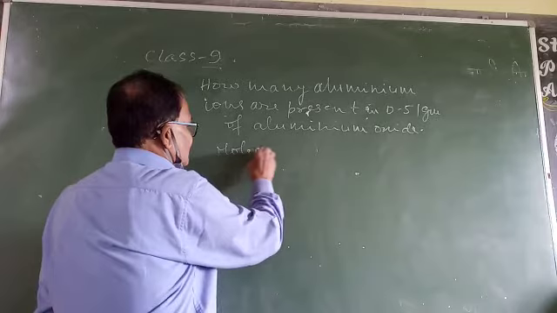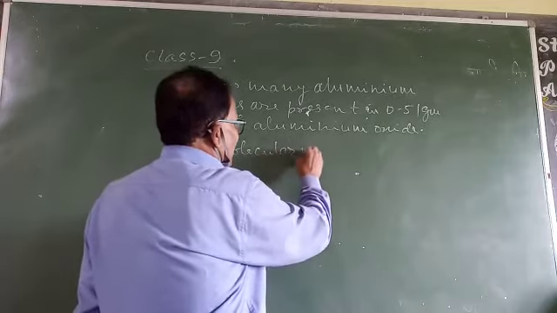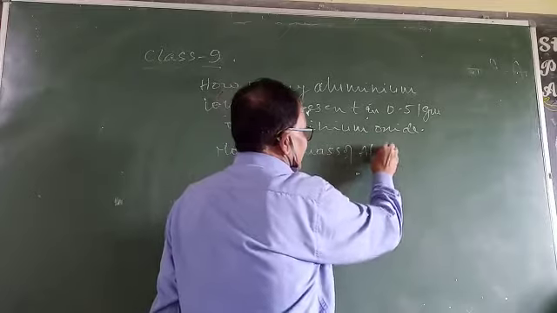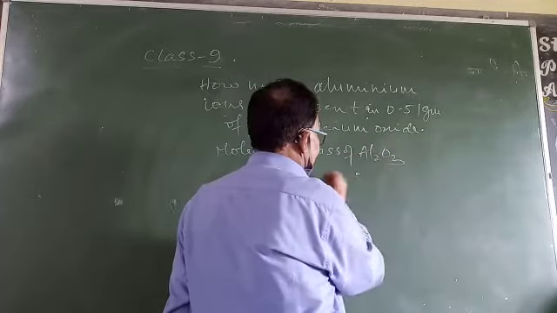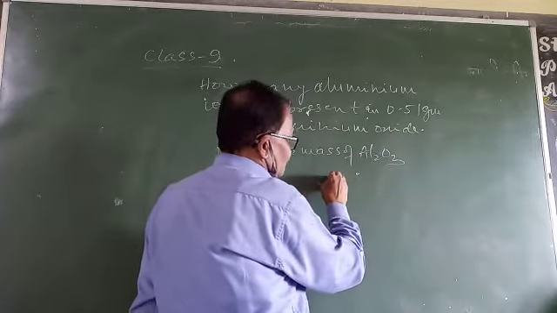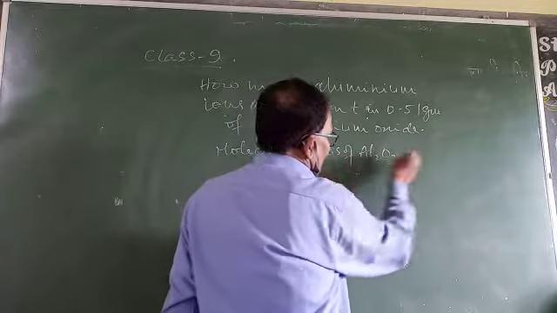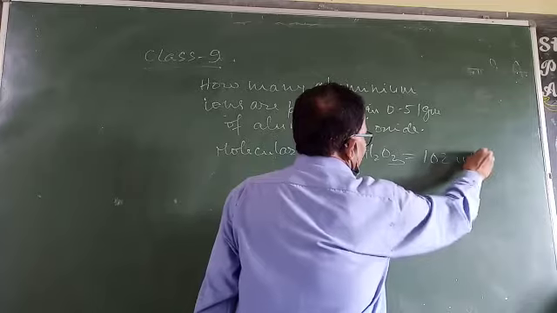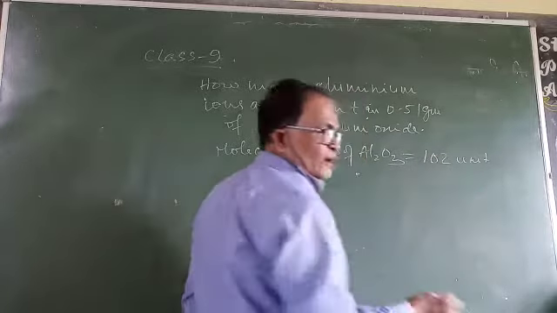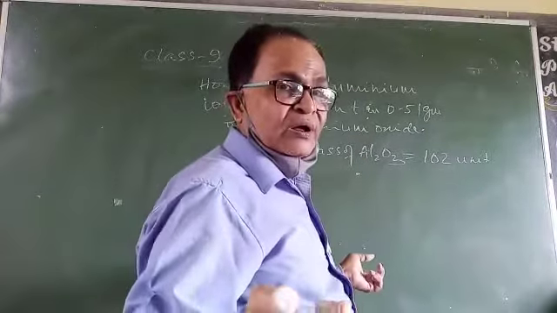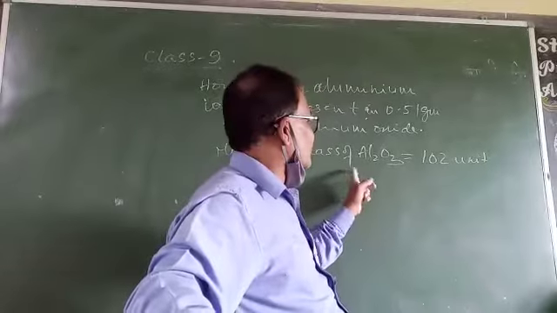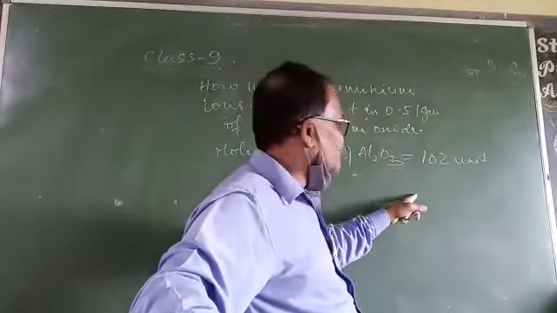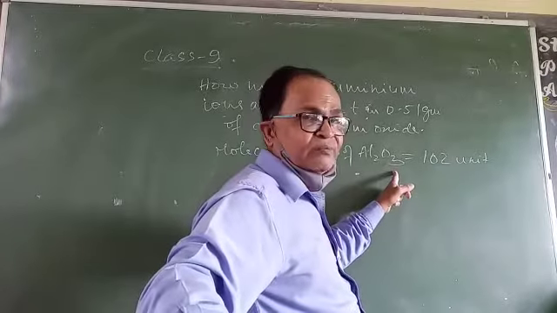Molecular mass of aluminium oxide, Al2O3, equals 102 units. You can calculate the molecular mass by adding the atomic masses of the constituent atoms.